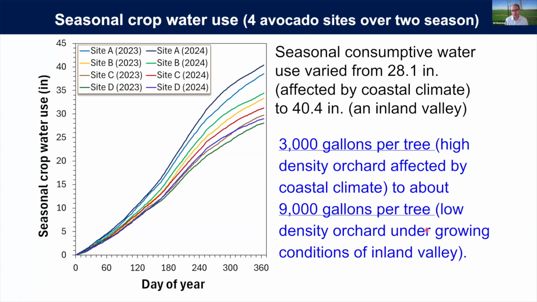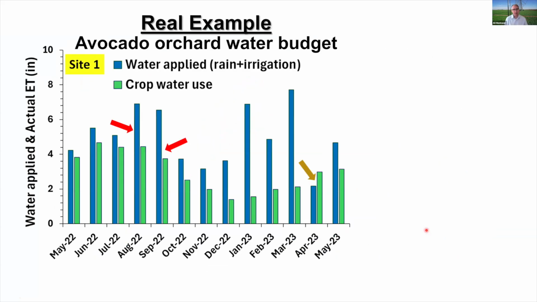We really cannot compare the avocado water needs even with our neighbors, because there are different factors that may impact your crop water needs. This is a real example about the avocado orchard water budget. So I have the water applied and actual ETc measured in this site. The blue bars show the applied water.